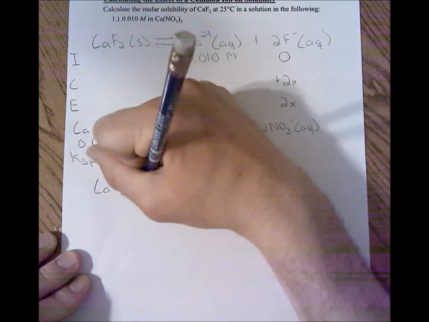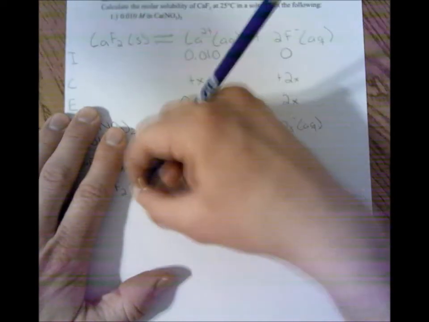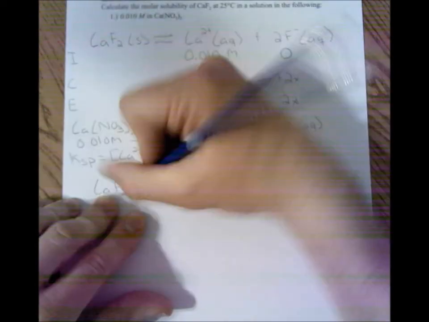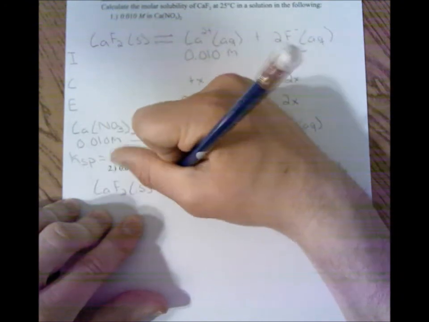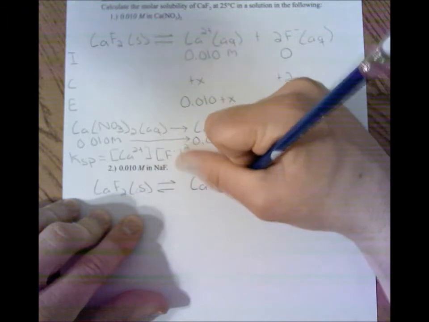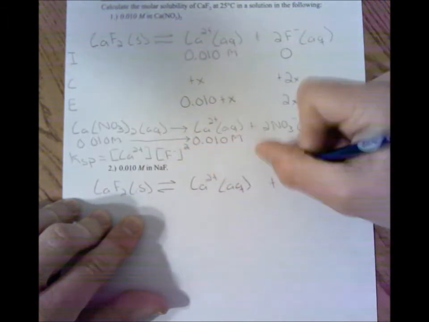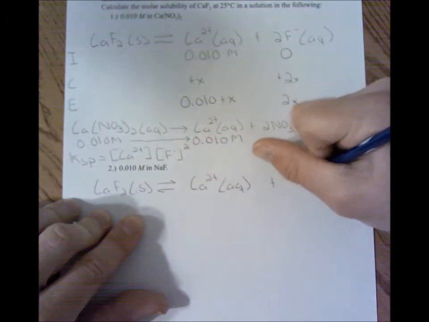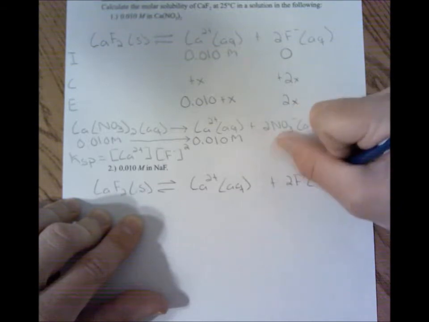Calcium fluoride is not aqueous, it's solid. It goes to equilibrium and forms our calcium 2 plus ions and 2 F minus, or fluoride, ions.